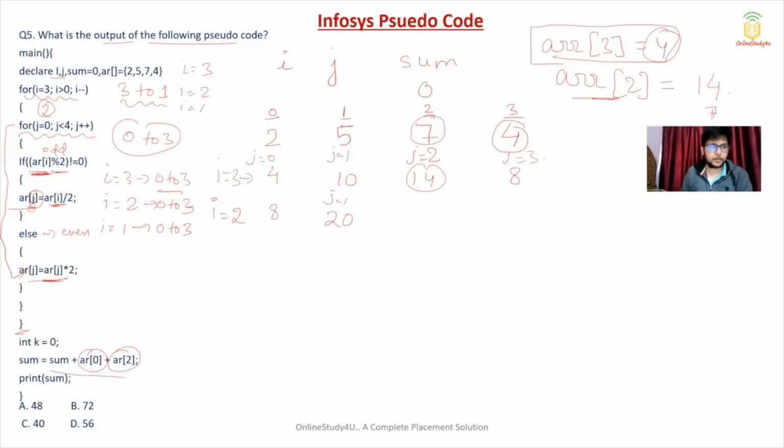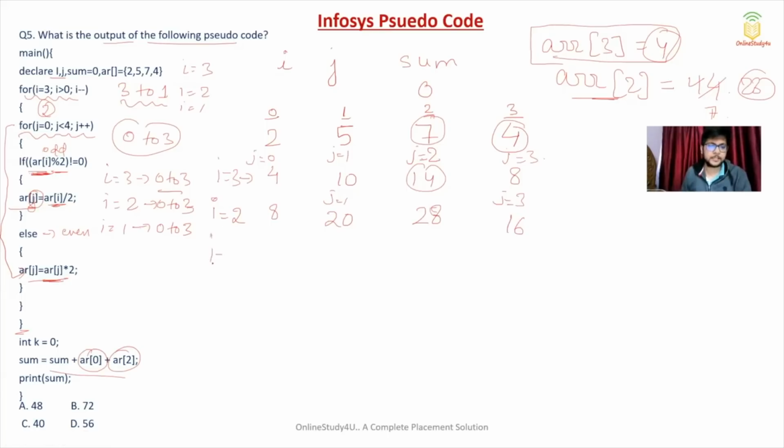It is even, so it will again double the value, 28. Now for j is equal to 3, it will again check if array of 2 is even or odd. But now array of 2 is not 14, it is 28, right? Because in the previous iteration it was updated. But it is still even, so it will again just update the value.